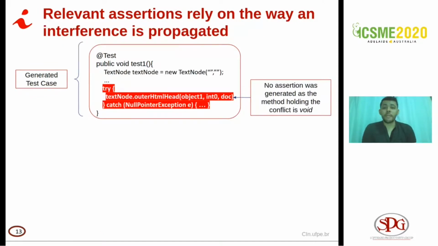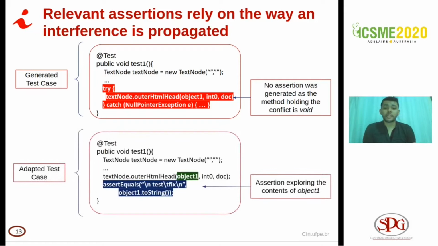In the same scenario, the method holding the semantic conflict was void, so the test case focused on catching exceptions that could be thrown during the test case execution, highlighted in red. However, the interference is propagated on the first object, which is the parameter for the method holding the semantic conflict, highlighted in green at the bottom. Adding a new assertion exploring the contents of this object would have been enough to detect the semantic conflict.